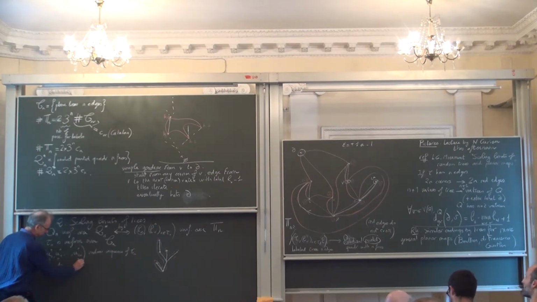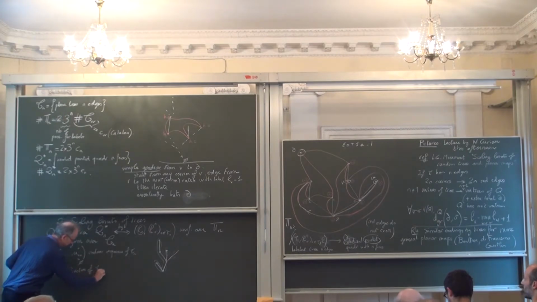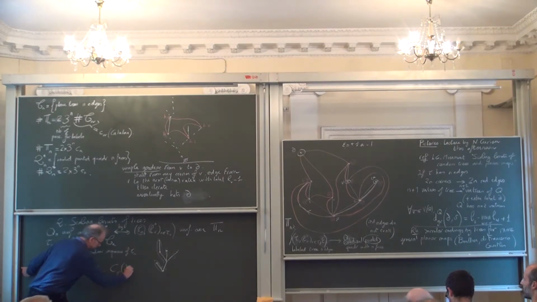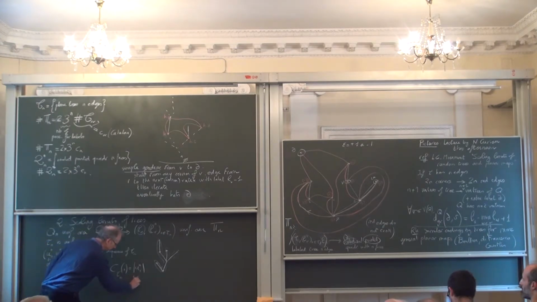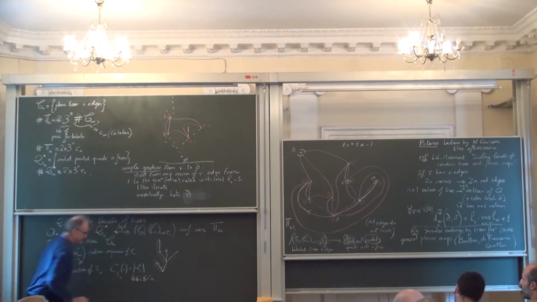And I'm going to define something which I will call the contour function of τ_n. This will be the function C_{τ_n}(i), which is, recall this notation, the generation, the height, if you want, of the vertex u_i. So this is defined for i between 0 and 2n.